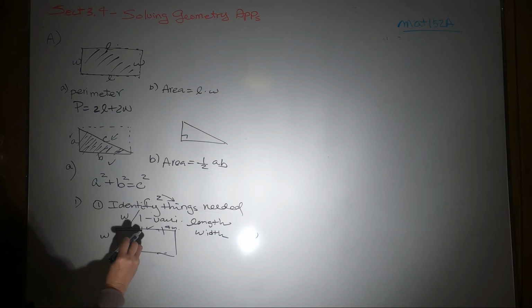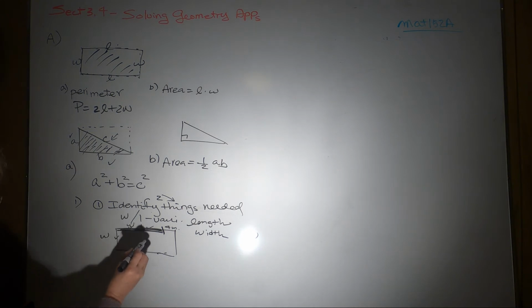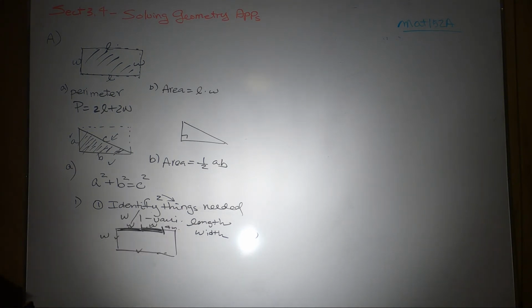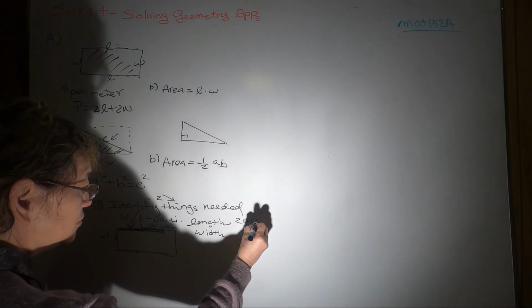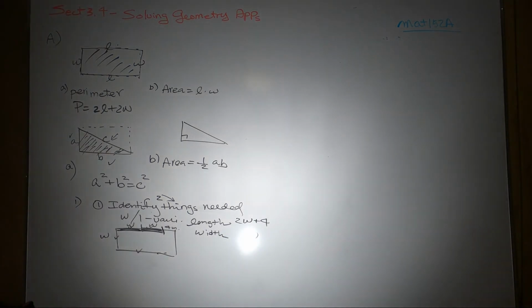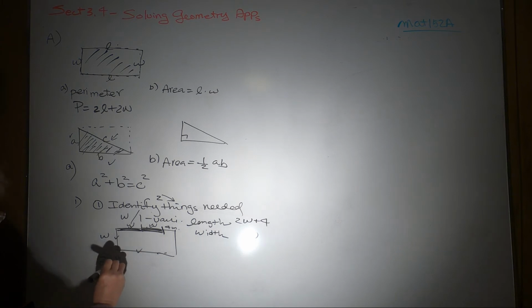How are you going to show the length with W? Here is W, here is W, and 4 more. So that would be 2W plus 4. Is that right? So first, we identify the things we need with one variable.